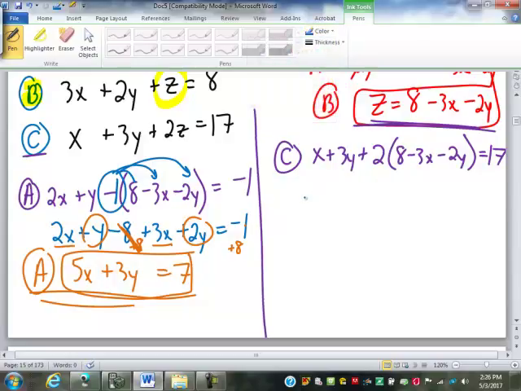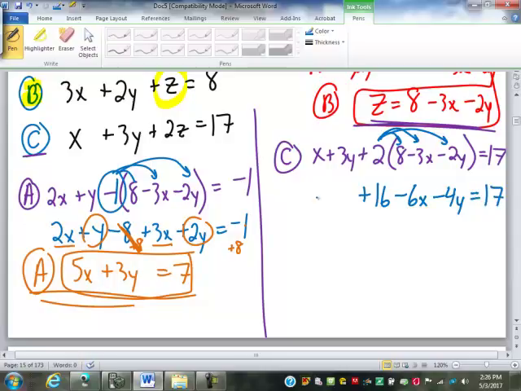So let's go ahead and multiply through, distribute the 2. 16. I'm going to put a plus in front of it since it's positive. 2 times negative 3x, negative 6x. And minus 4y. Very good. 2 times negative 2y is minus 4y.